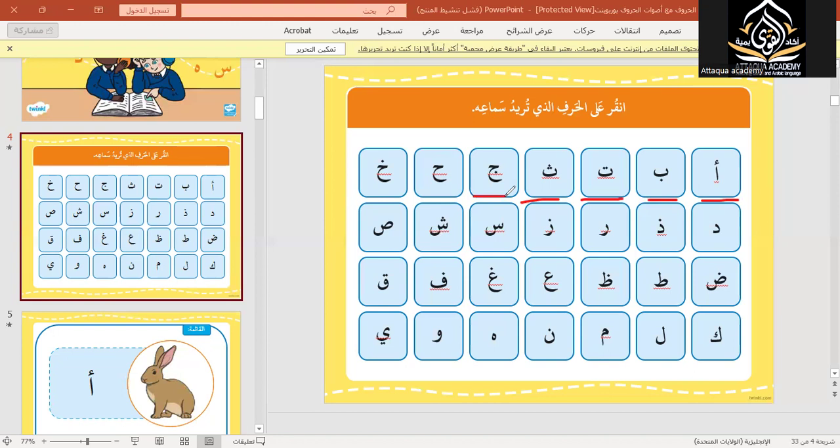So focus on the j sound, it has to be heavy. Ha, it's light, but it's not Kha. Okay, so Ha. Feel the vibration. Ha, like this. After that, Kha. It's heavy. Okay, and we know how to write it.